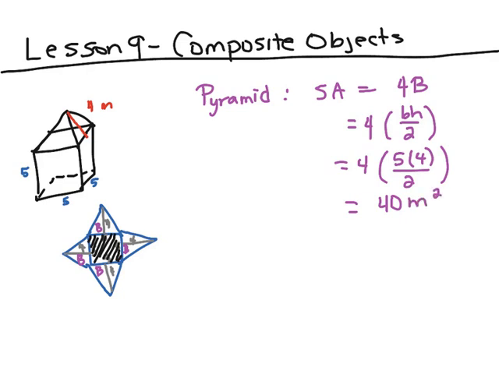Now the cube, if you were to unroll a cube, it's like a 6-sided dice. 1, 2, 3, 4, 5, 6. So it looks like this. And we know that all the dimensions of this cube are 5. 5's everywhere.